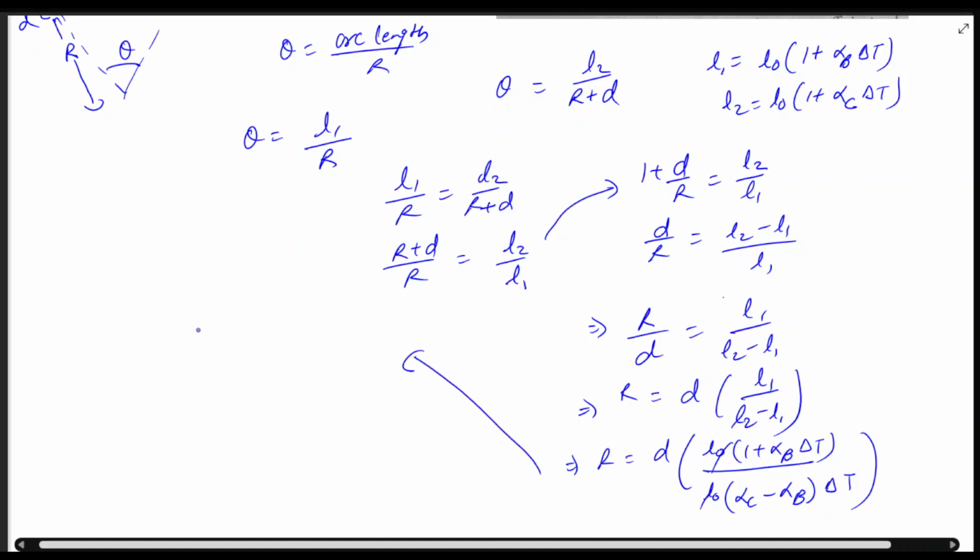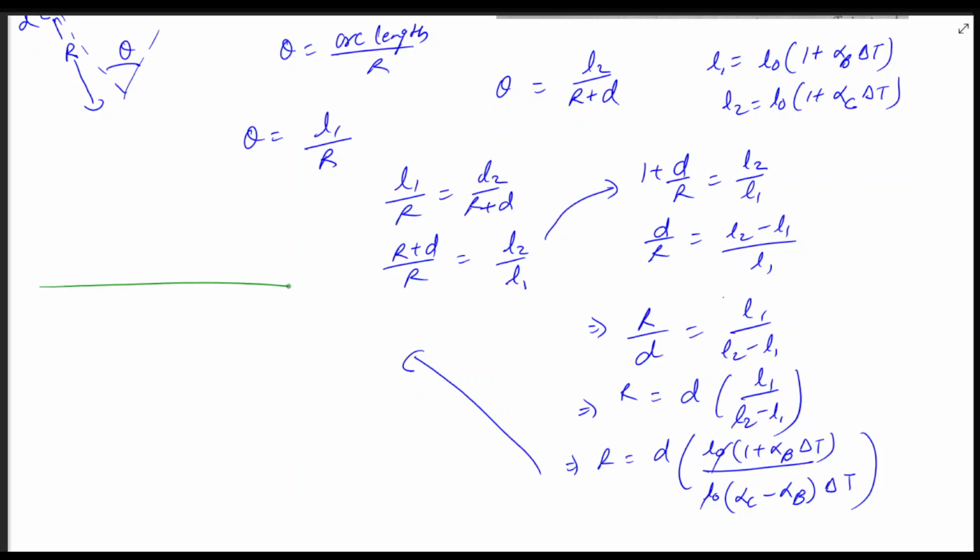So R will be D times 1 plus alpha B delta T upon alpha C minus alpha B into delta T. So we will have it like this. Perfect.